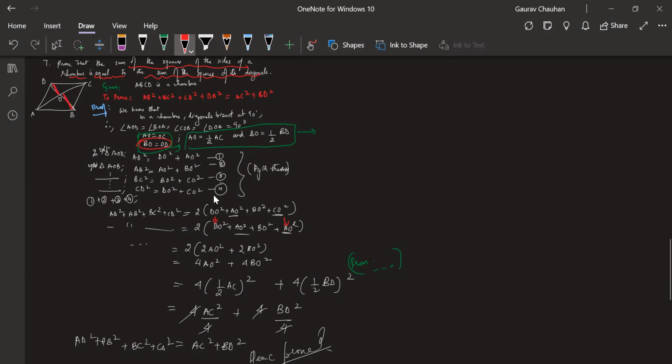This is a property which we showed in 9th grade. Now BO is equal to DO, so in place of DO, I can write BO, no? In place of CO, I can write AO, no? Just like AO is equal to OC. Okay. Got it now? Yes, sir, clear.